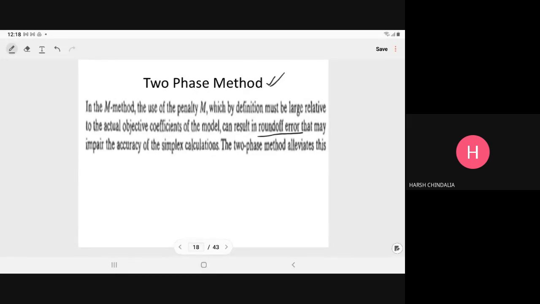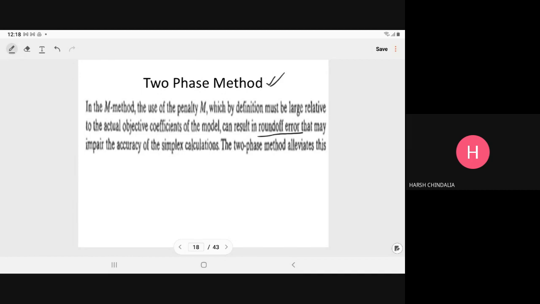So if you have taken 10 to the power 3, that means 1 upon 1000, that is 0.001. Now we have a very small value, so we can have some round-off error also, that may impair the accuracy of the simplex calculation. Means that will not be suitable for the correct simplex calculation.